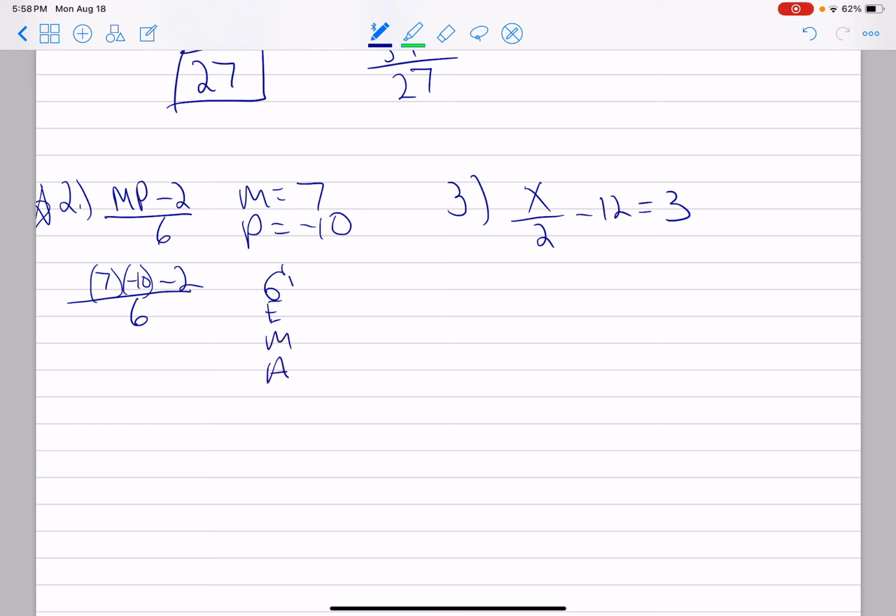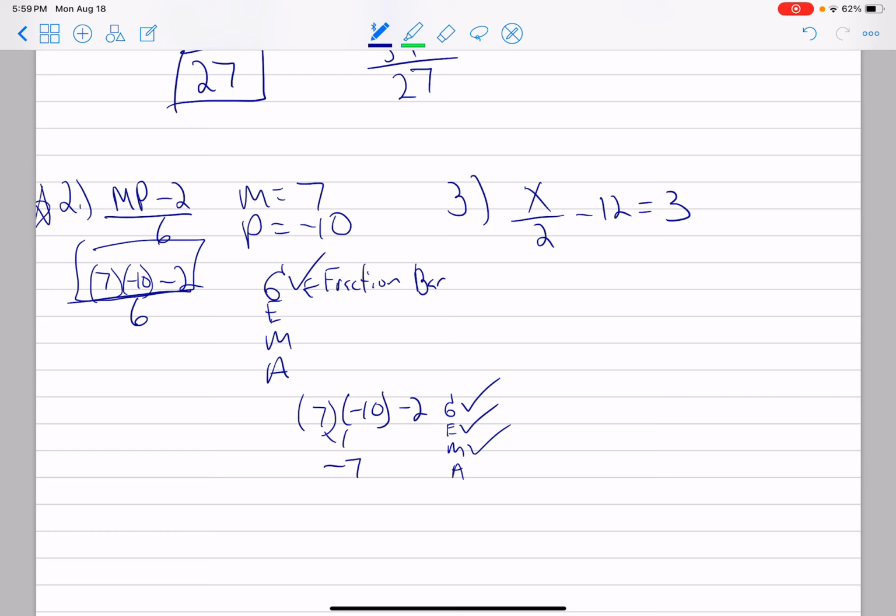Grouping. A fraction bar is grouping. Okay? So I'm going to do this whole top. A fraction bar is a grouping symbol. So I'm going to do that on the side. So this is 7 times negative 10 minus 2. It's like its own little Gemma problem. Okay, grouping inside of there? No. Exponents? No. Multiplying and dividing?